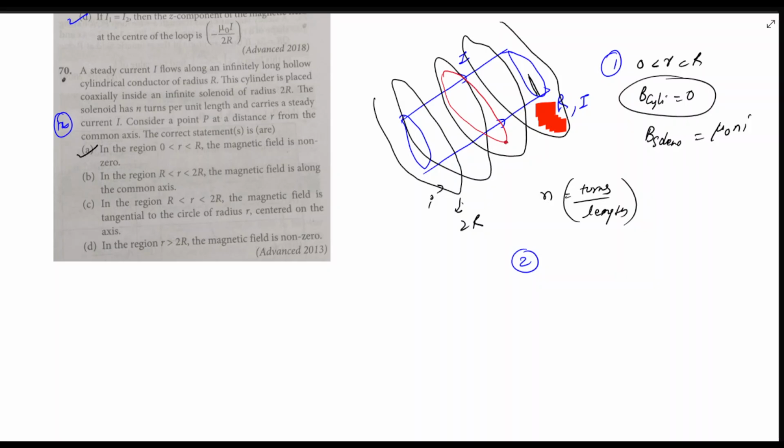So if I want to find this, magnetic field will be inside the plane, right? So it will be here, but this is due to cylinder, right? But due to solenoid, it will be in this direction, right? So let me just remove this.